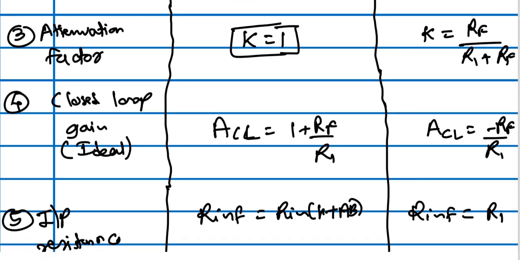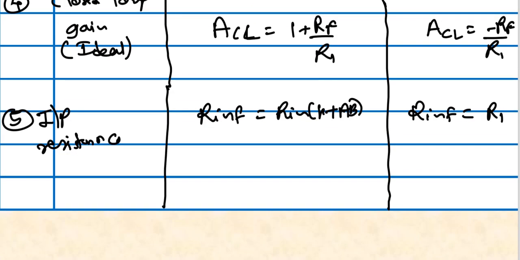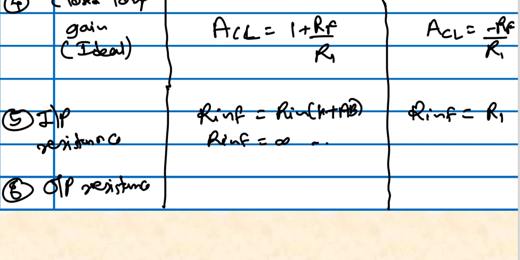And the ideal value for voltage series is Rin F equal to infinity. This is the ideal value. Here Rin F is approximately R1, and it is R1 only. So remember this, input resistance is R1 for the voltage shunt feedback amplifier.